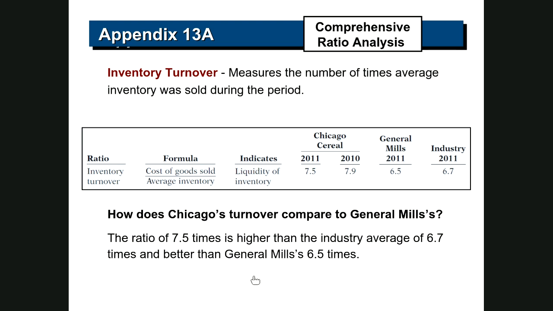Chicago is better than the industry average as well. So the industry average in general is very close to 6 times, which means every 2 months they are selling their inventory. Are you following? Right? Every 2 months they're selling. So our company is better. Are you following? Okay? So you follow?